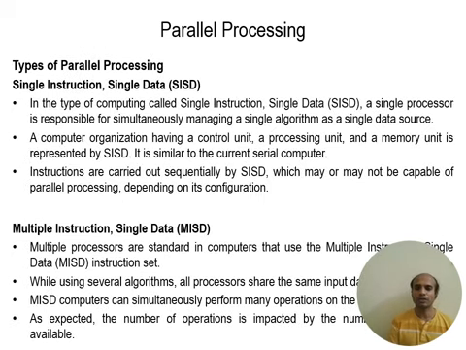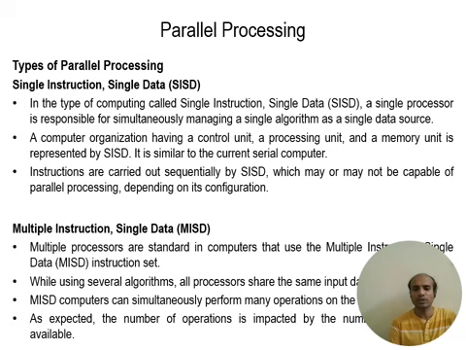So with that working of parallel processing, let us see the different types of parallel processing. The first type of computing is called single instruction, single data, that is SISD. A single processor is responsible for simultaneously managing a single algorithm as a single data source.